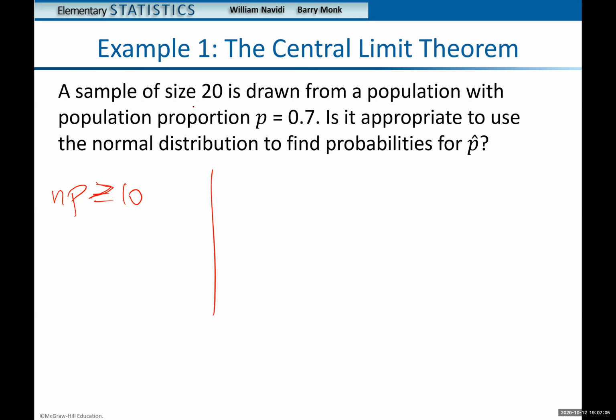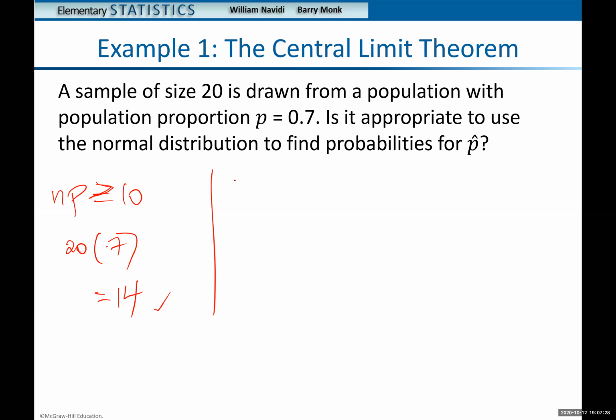So n is 20, and 20 times 0.7 is 14, which is greater than 10.